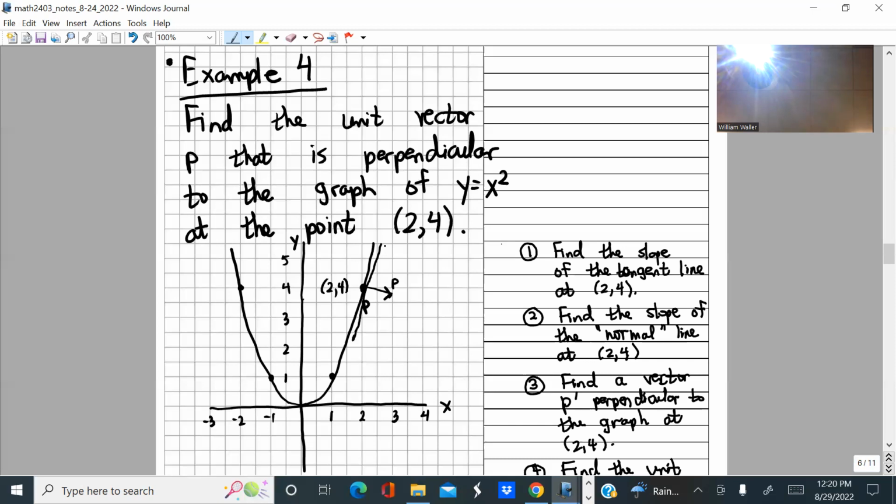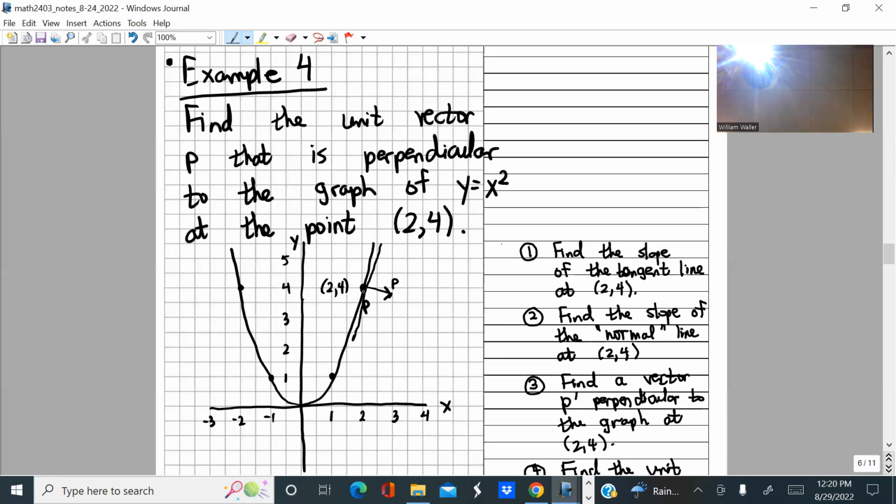Now you understand, however, what perpendicular means. When we say perpendicular to the curve, we mean perpendicular to the tangent. So I want a vector that's perpendicular to the tangent line at this point. Now, vectors are not lines.